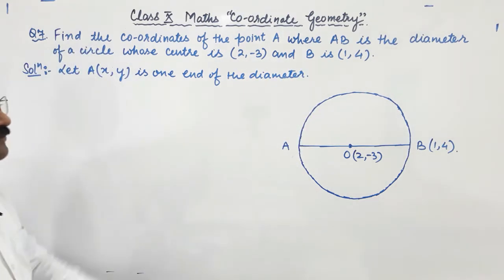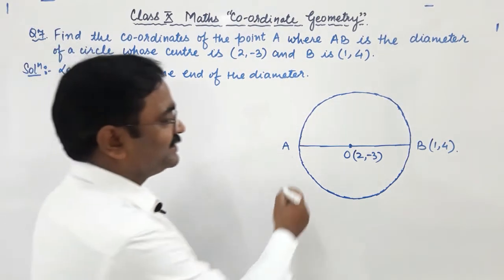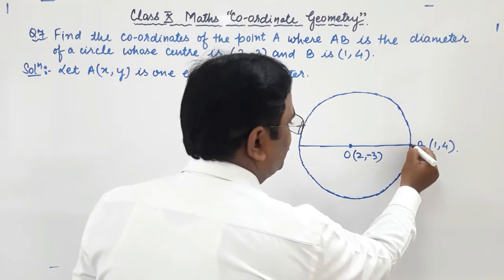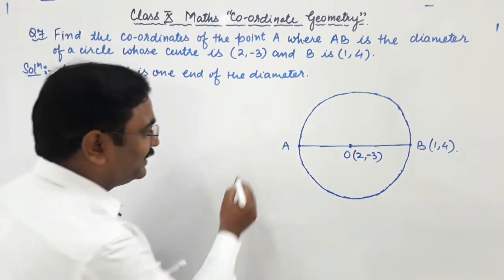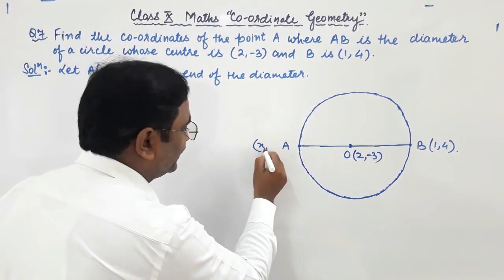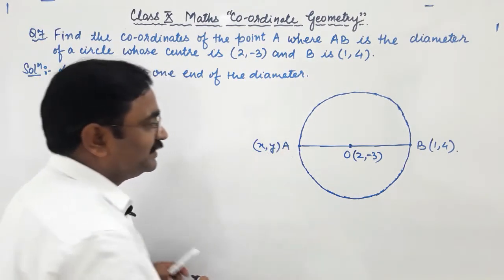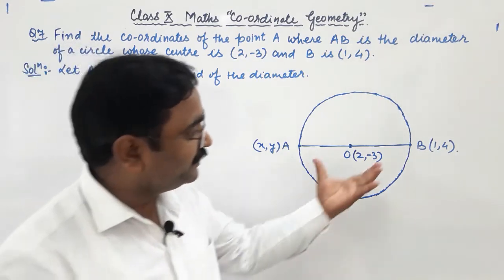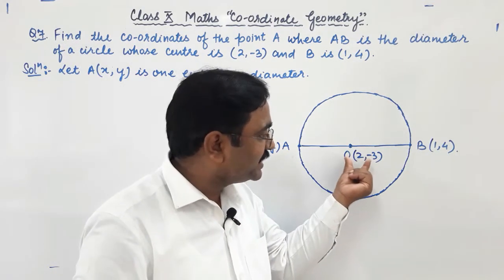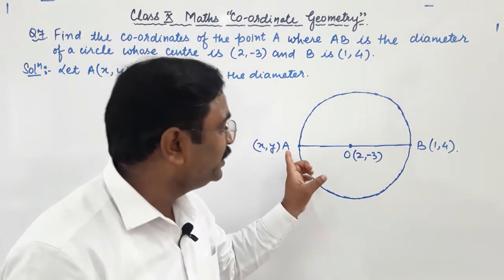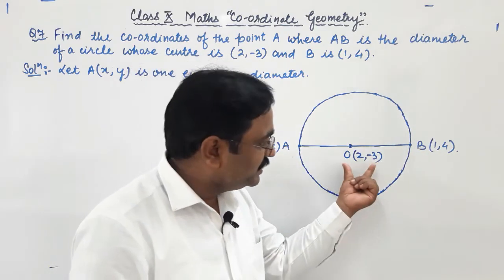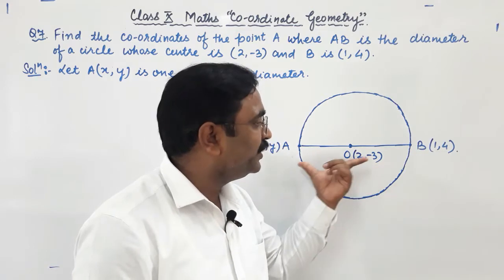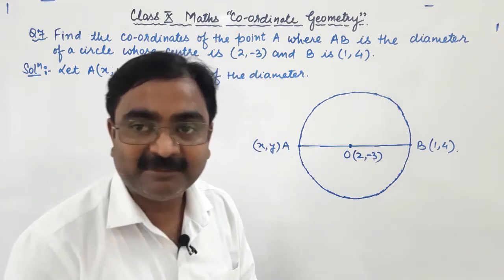If this is one end of this diameter and this is the second end, the coordinates of the second end are given. Now, from the figure it is clear that this is x, y. Now, just see the figure. From the figure it is clear that the center of the circle is the midpoint of the diameter AB.